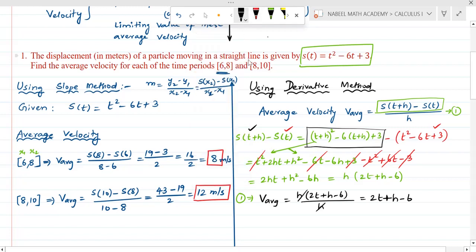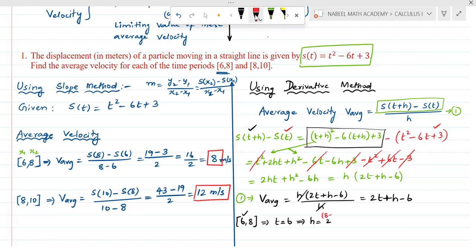Now how will you calculate the points? Take the first point, 6 comma 8. In this one, the starting point is my t, so t is the starting value. And what about h? h is the difference between these two, which is 2, because it is 8 minus 6.